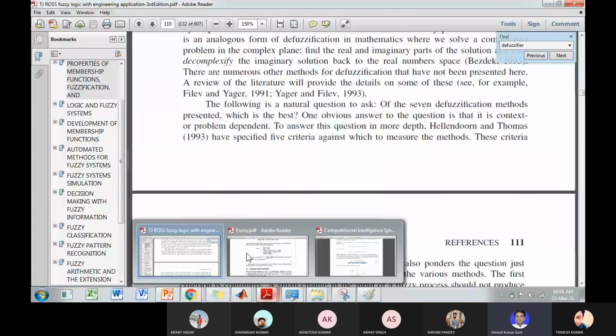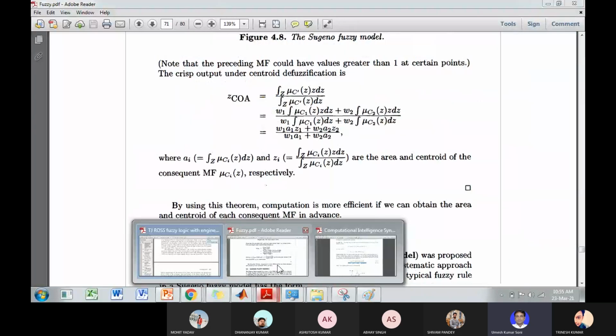It can be maximum or it can be sum, or it can be sum of both the membership grades minus the product of both the membership grades. Okay, so you define the aggregator. After this fuzzy inference system, you use the defuzzifier for the defuzzified crisp output.